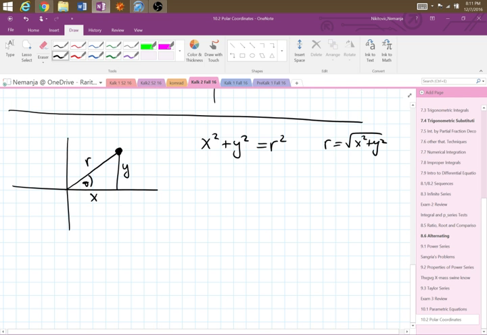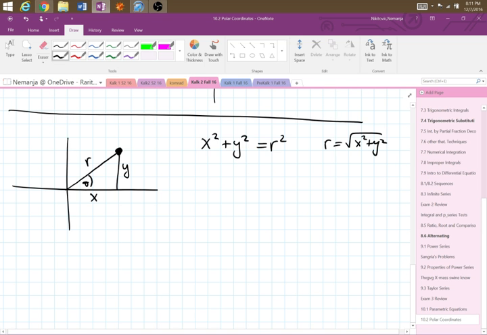I know I should put plus and minus, but lengths are never negative. Radius is always a positive value. So that equation gives you the connection. If you have the Cartesian rectangular coordinates, you can calculate the radius easily.